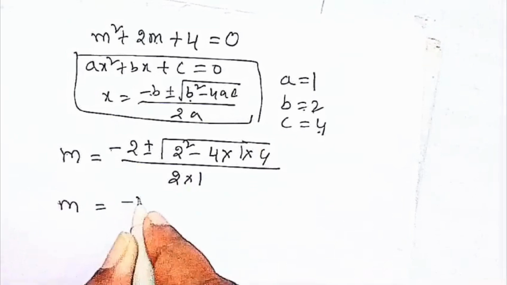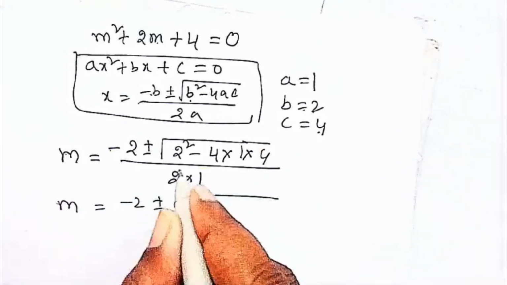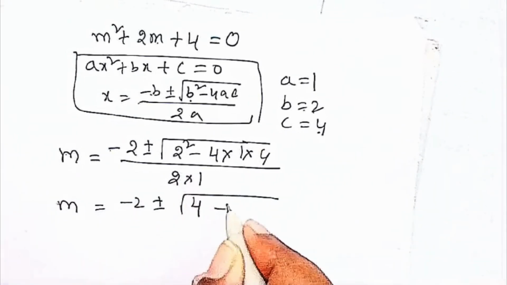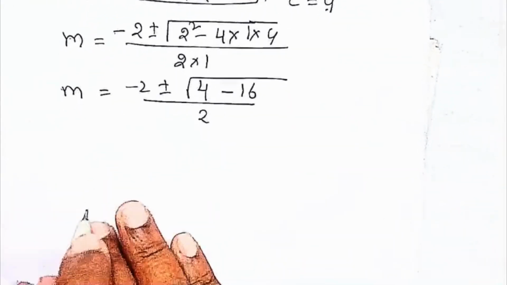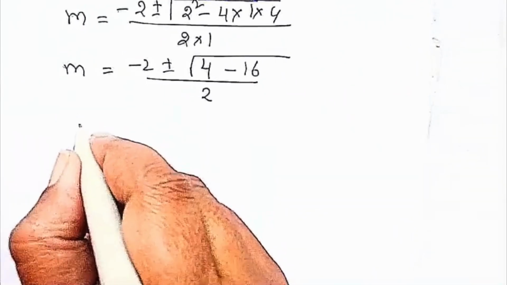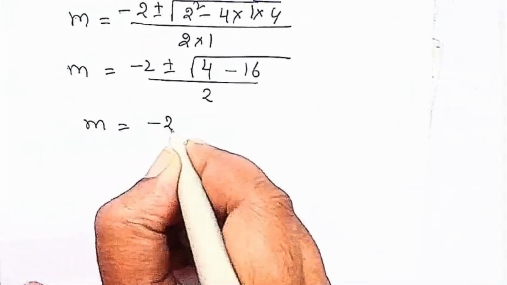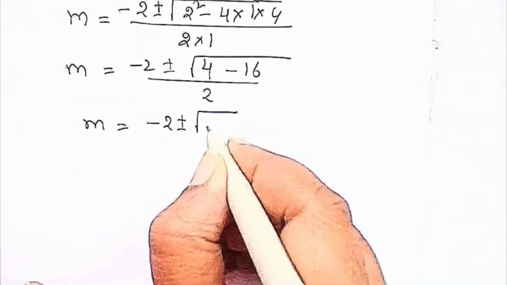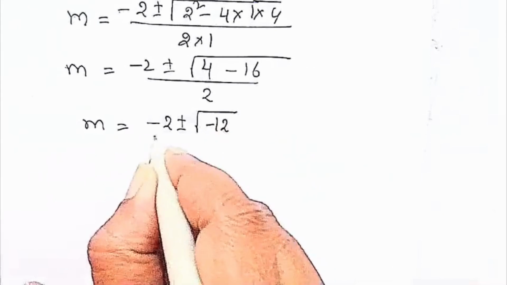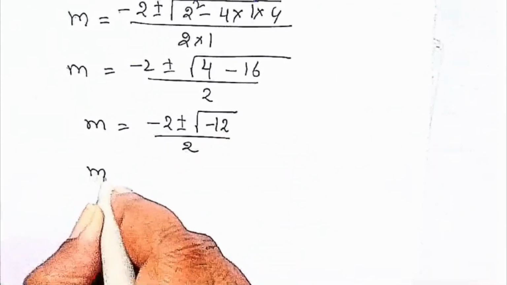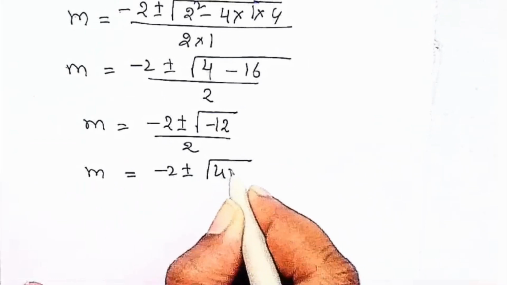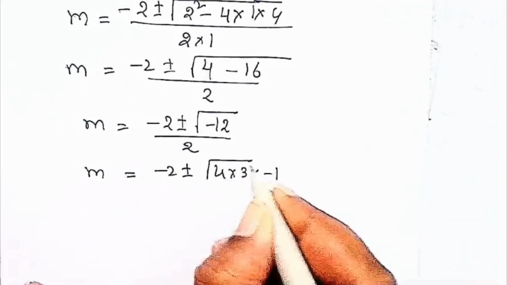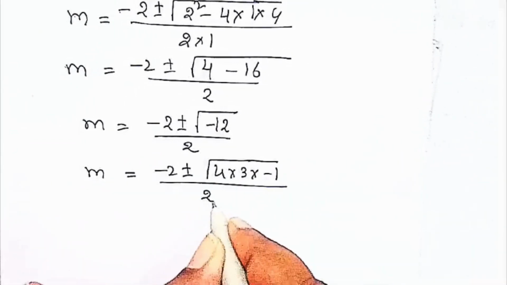So m is equal to minus 2 plus or minus square root of 2 square, means 4, minus 4 times 4 is 16, by 2. So m is equal to minus 2 plus or minus 12 by 2. Same, m is equal to minus 2 plus or minus root of 4 into 3 into minus 1, I am writing, by 2.